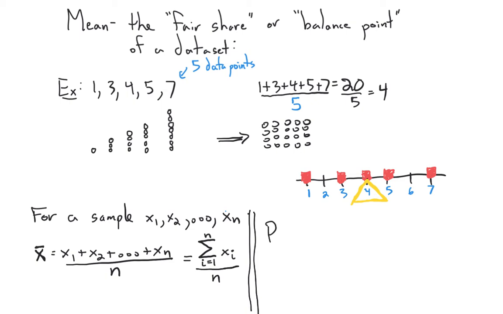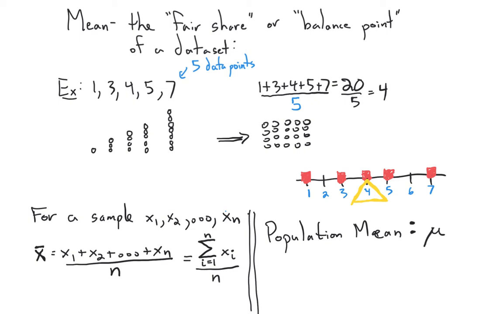And if we're talking about a population mean, these are a lot harder to know because you would have to figure out the values for all data points in your population, divide by the number of data points in your population. That is usually really hard to find out. But the notation we use for that is this Greek letter mu.